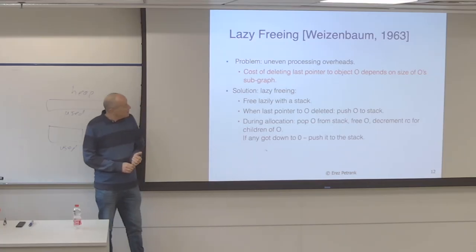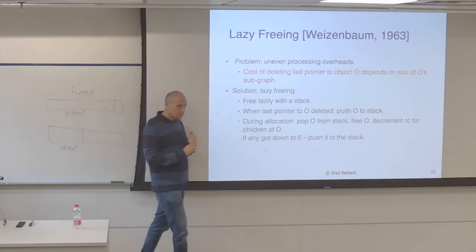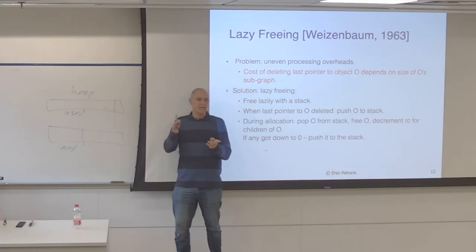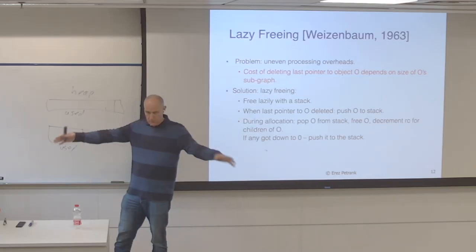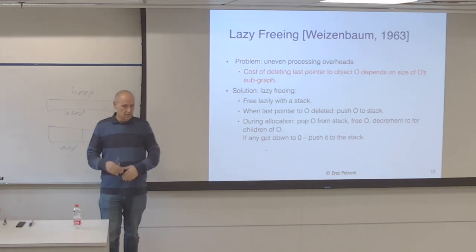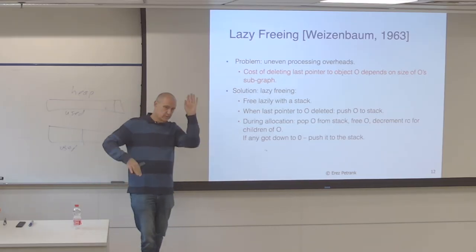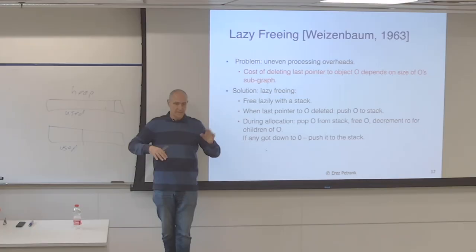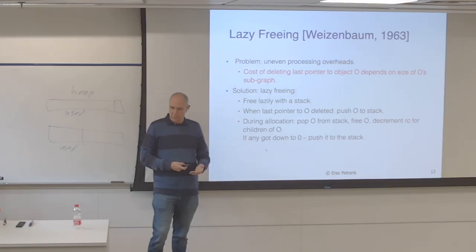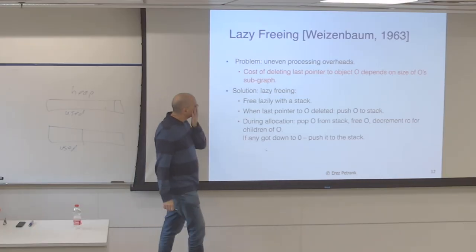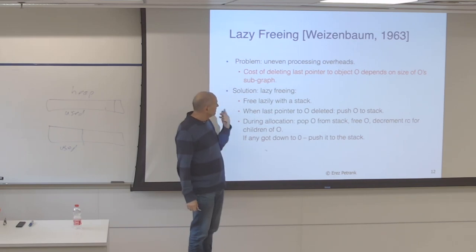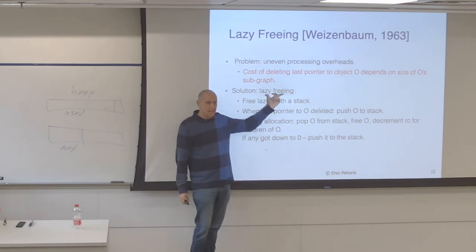The first one addresses the problem that sometimes you move a pointer and you have to reclaim lots of objects, and that will take a lot of time. So I want it to be more smooth. I don't want to have jumps and differences in the costs of moving pointers. Like many times in computer science, we'll do lazy freeing.